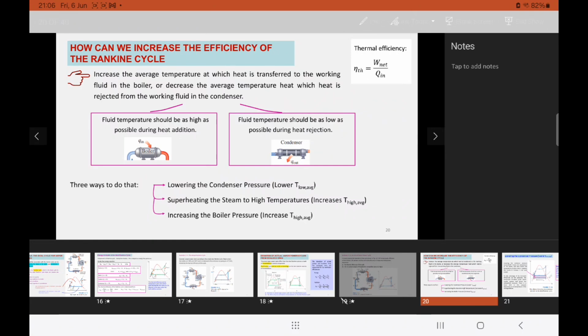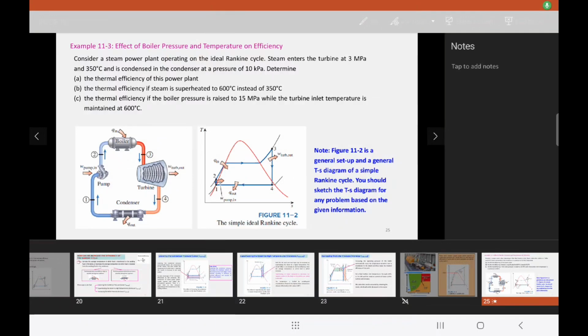So we want to see how we can increase the efficiency of the Rankine cycle, because now we know that due to the irreversibilities, the cycle deviates. We look at example 11.3, where we want to investigate the effect of boiler pressure and temperature on efficiency. The way to work this example is not that different from the way that we worked example 11.1.